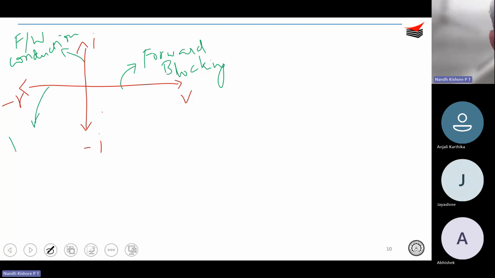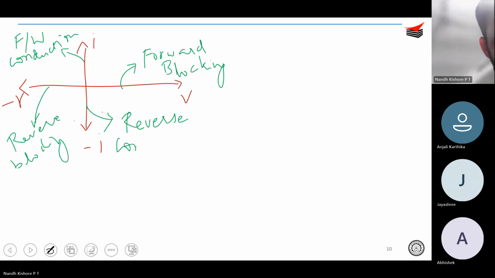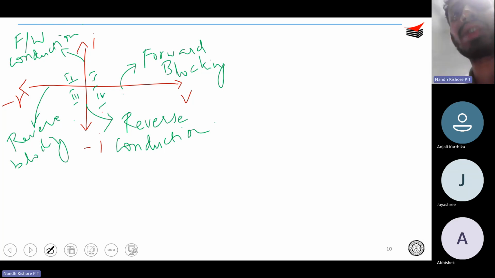And then this is called reverse blocking. And finally, we have reverse conduction. Okay. Forward blocking, forward conduction, reverse blocking, and then reverse conduction.